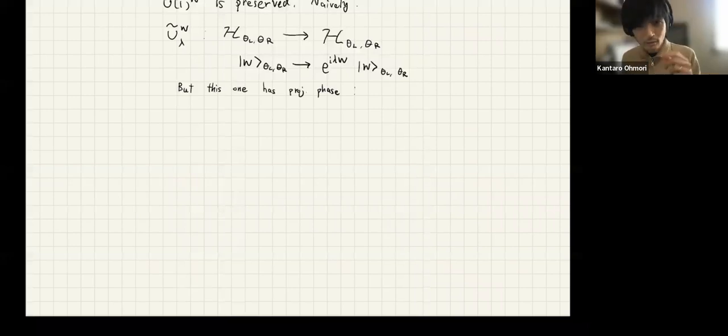Because when lambda is 2 pi, this one is I theta R minus theta L, identity.